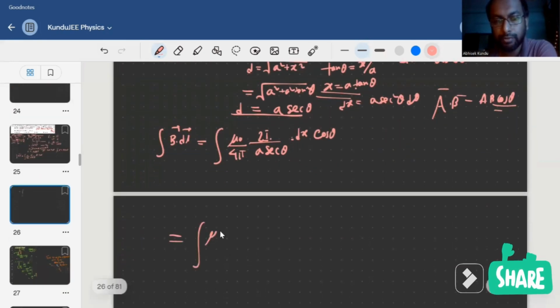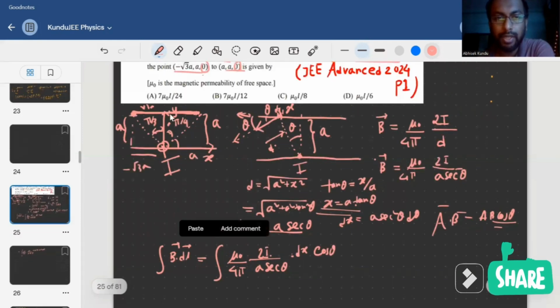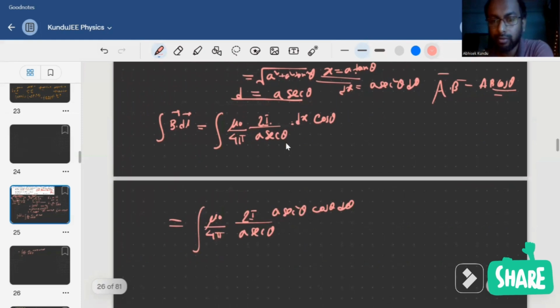Integration of mu naught by 4 pi, 2I by a sec theta, dx with the substituted value sec square theta, cos theta was also there, d theta. The limits: theta is varying from pi by 3 to pi by 4, so for this problem, it will be minus pi by 3 to pi by 4.